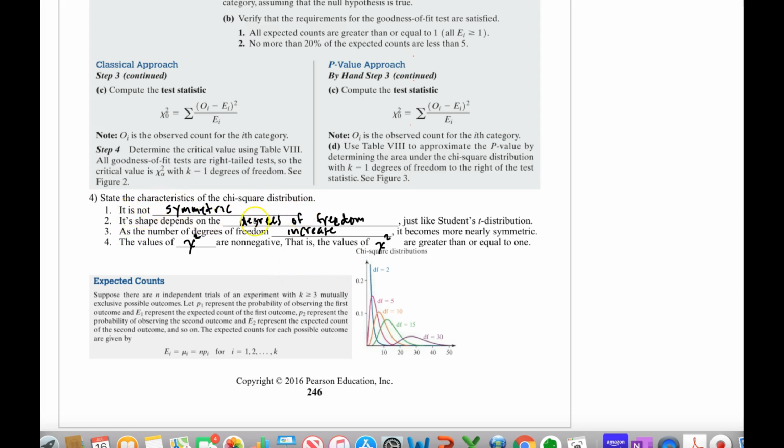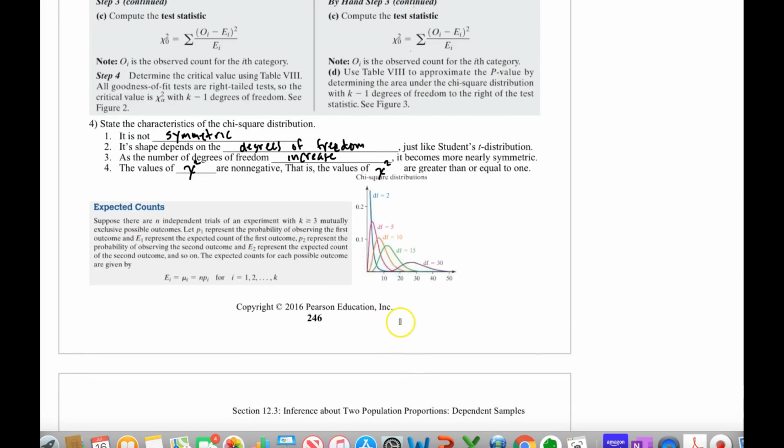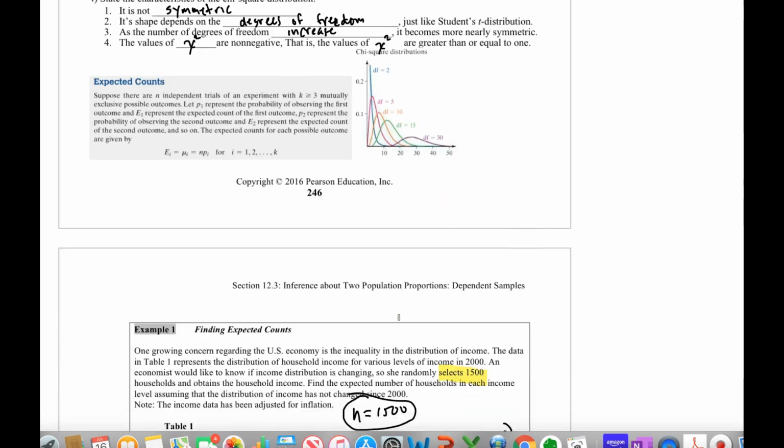You can get these characteristics from your notes or the PowerPoint. You can see the chi-square distribution is not symmetric until we have large sample sizes, or the degrees of freedom increase. But you can see how the distribution changes based on degrees of freedom.